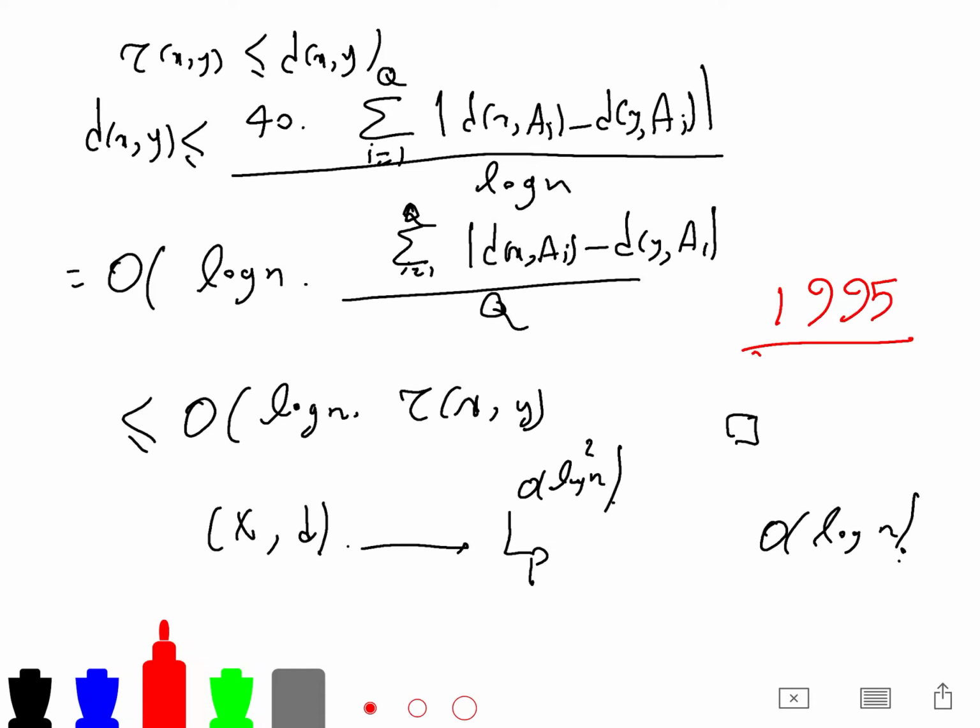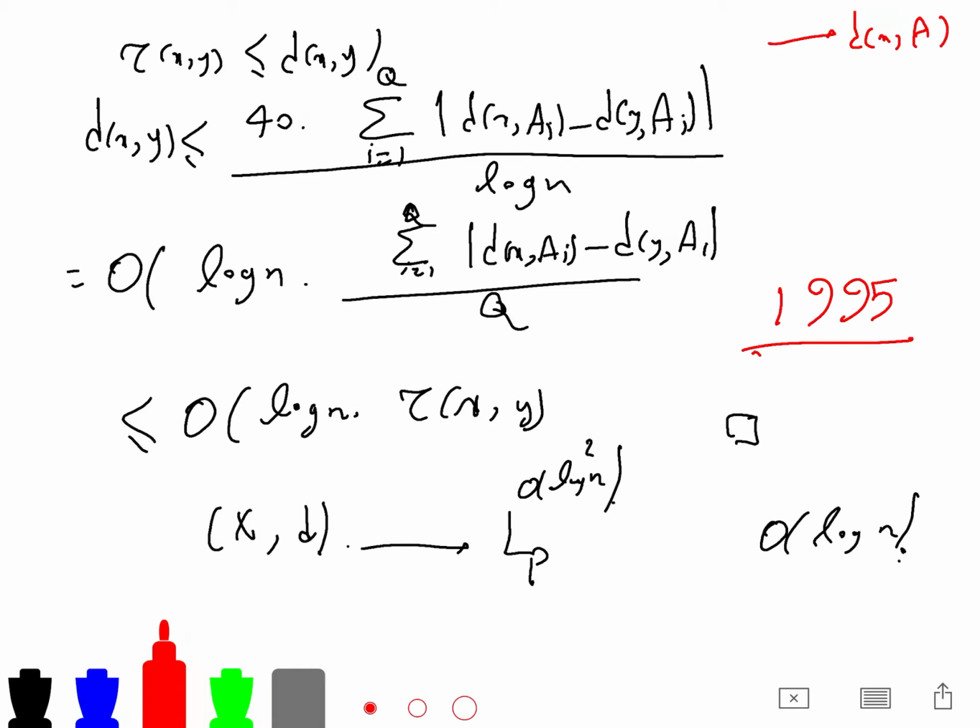And of course, the theorem of Bourgain is still inspiring, because every day you have a new metric embedding, just based on this idea of distance between x and a set A. A could be anything. For example, A could be from the padded decomposition.